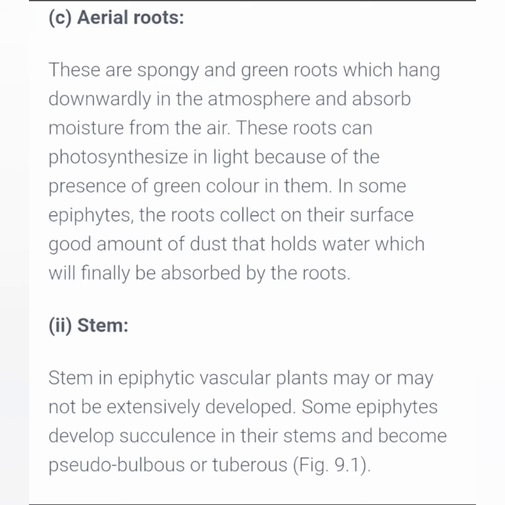They develop succulence or fleshiness in their stems, and they become pseudobulbous or tuberous. But the stem in most epiphytic vascular plants may or may not be extensively developed.